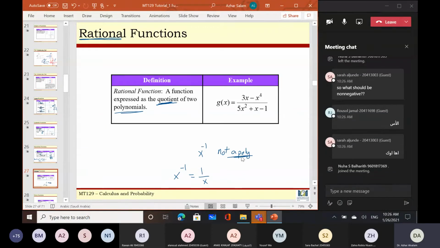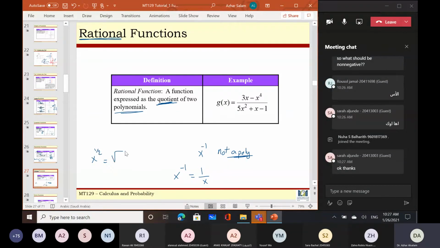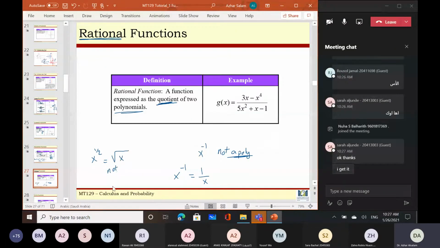Okay, that's why I said that it should be non-negative and also integer. أيضا إذا كان عندي عدد كسري, for example, x to the power half, it will be the square root of x. This is not a polynomial. It's a function, of course, but not a polynomial.